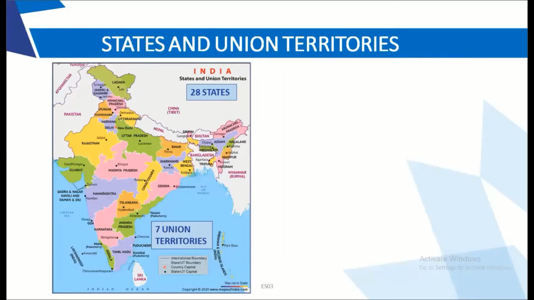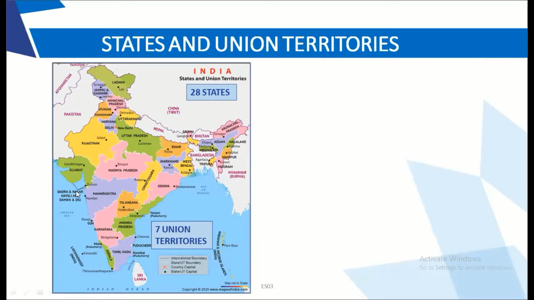We all know that India is a huge country divided into 28 states and 7 union territories. Union territories are governed by the central government, whereas each state has its own government, making India a federal country.